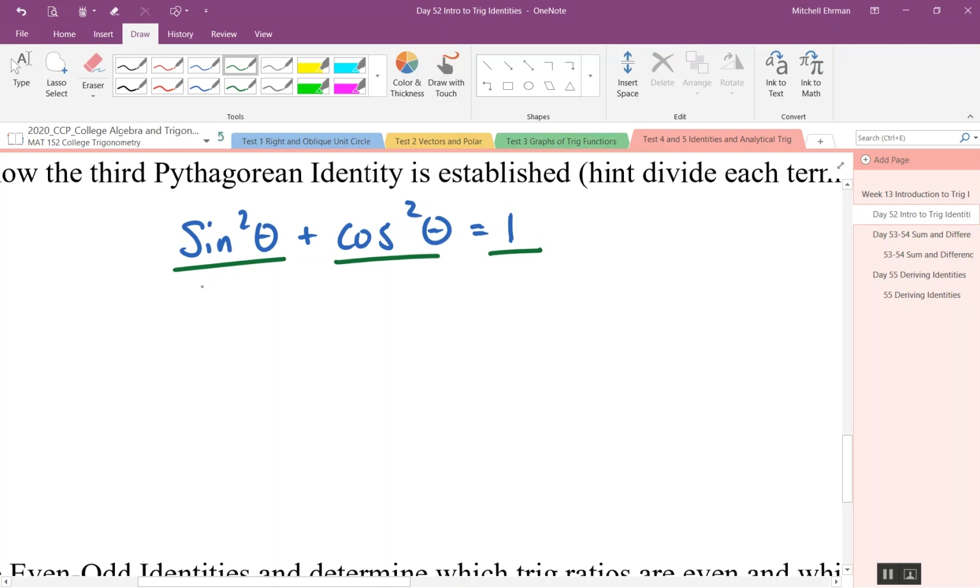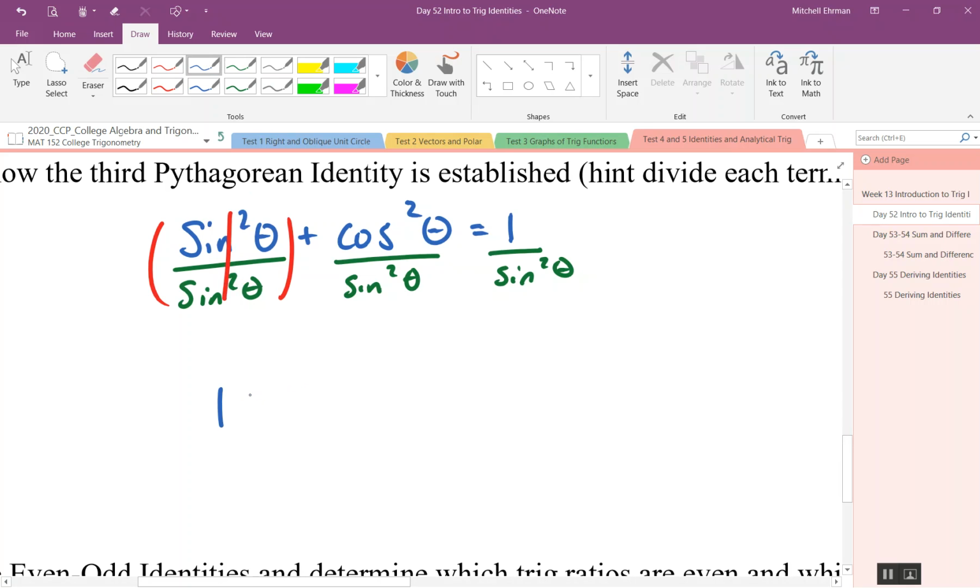So if we divide both sides of the equation, or all terms, by sine squared of theta, clearly this fraction on the left has the same numerator as denominator, so when those two divide, they simplify to equal the number 1.